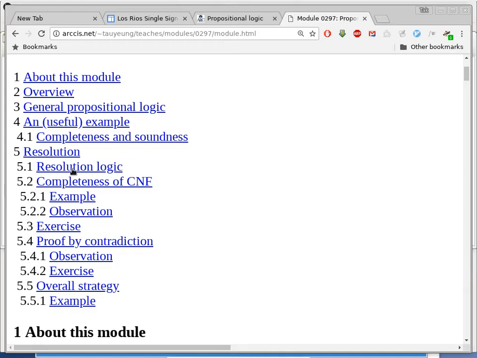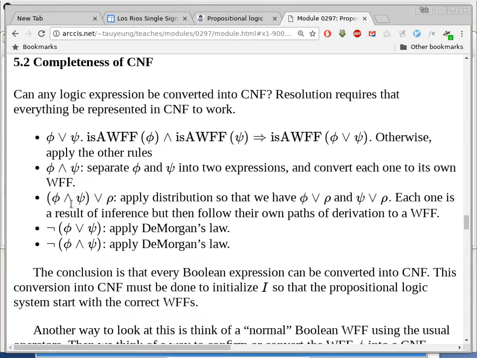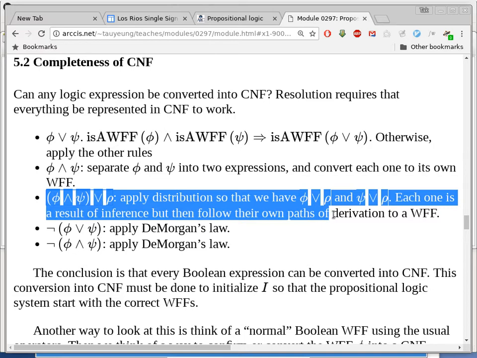So we go to completeness, use for example CNF. Okay, I think it's over here. That one is actually discussed in here. When you look at this one, it says if you have phi and psi in parentheses or rho, then you can apply distribution so that you have phi or rho and conjunction psi or rho.